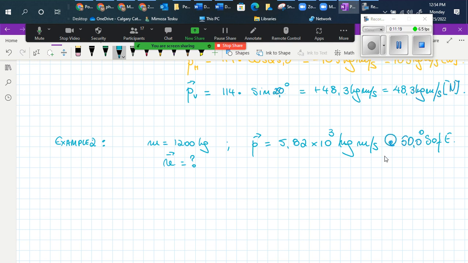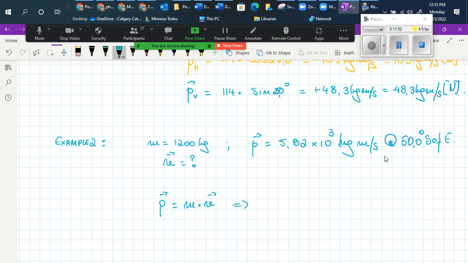So now it is important to use the fact that velocity and momentum have the same direction, which means that we don't even have to think about the direction of the velocity. We just have to find the magnitude of the velocity. Based on the relationship, we know that momentum is mass times velocity.